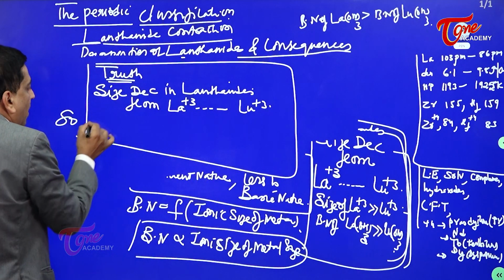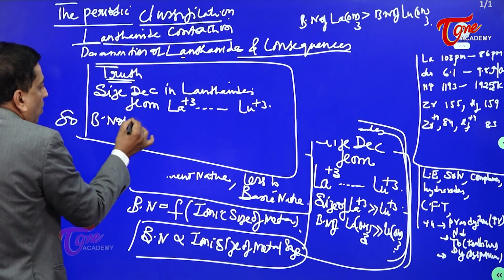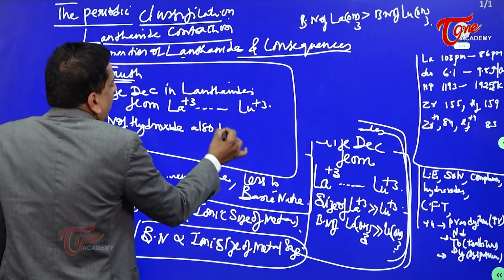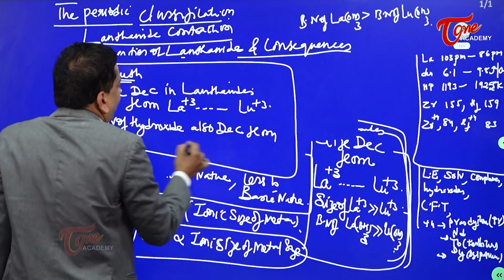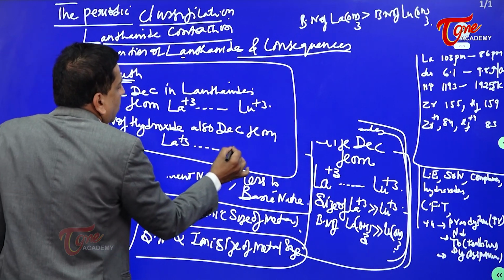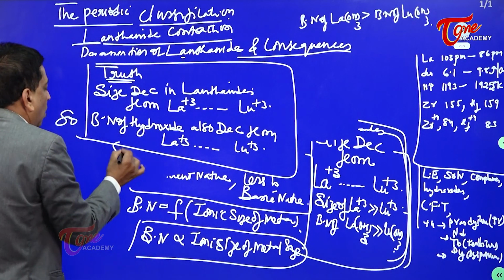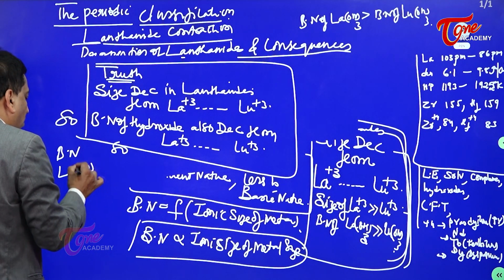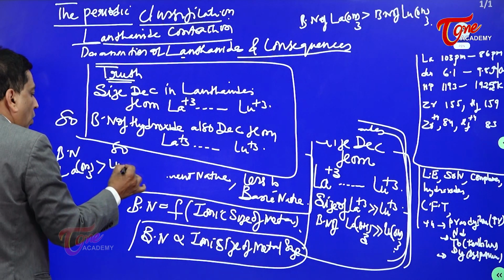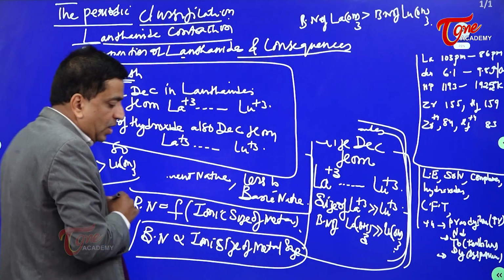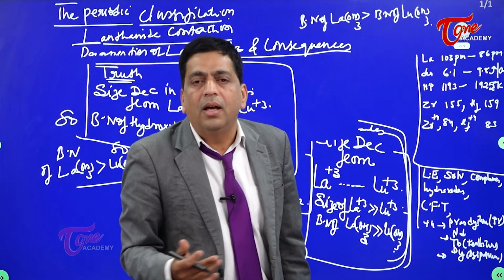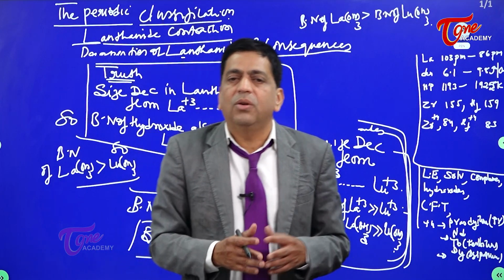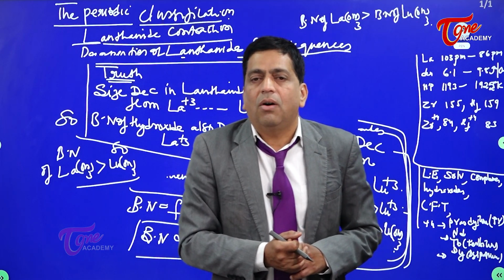And hence so, basic nature of hydroxides also decreases from La plus 3 to lutetium plus 3. So, basic nature of lanthanum hydroxide is greater than lutetium hydroxide. You must understand, indicating that lanthanum is a better metal compared to lutetium, because the size is bigger, and if you are a better metal, then you are a better basic oxide or hydroxide.